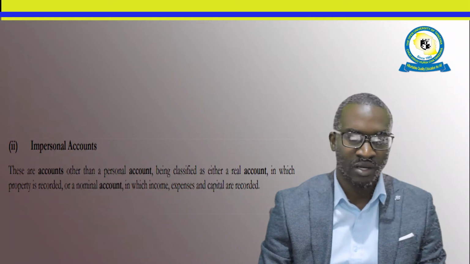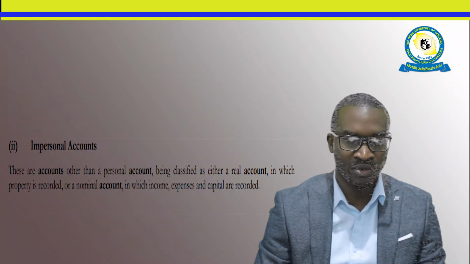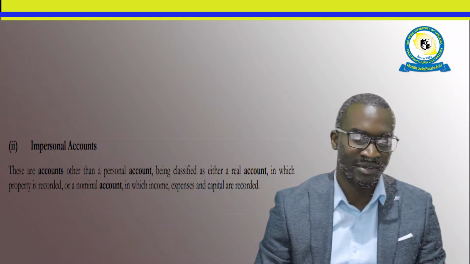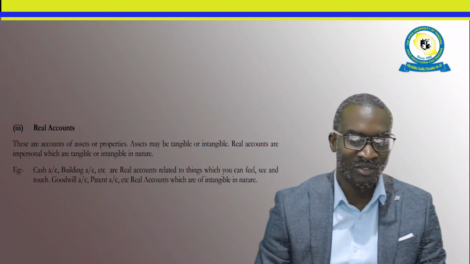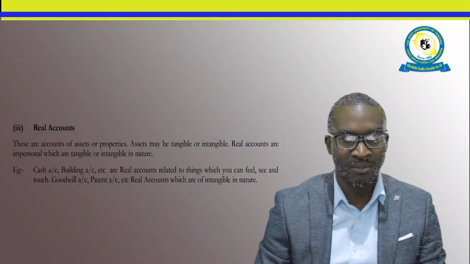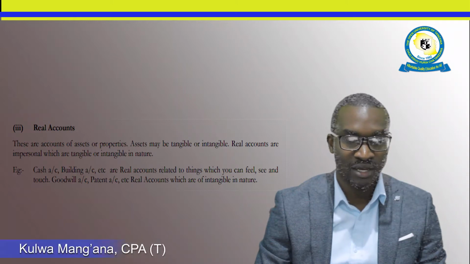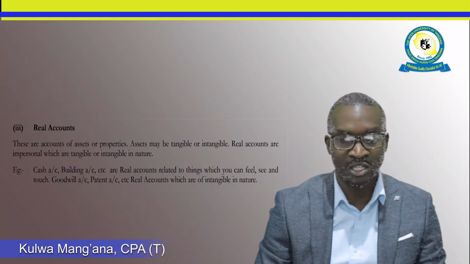Okay. Now, what is the real account? We know that under the impersonal account we have the real account and the nominal account. Now, what do we mean by real account? Real accounts are the accounts of assets or property, and what do we mean by asset? Assets are those items of value that are owned by a business, and these assets may be either tangible or intangible.